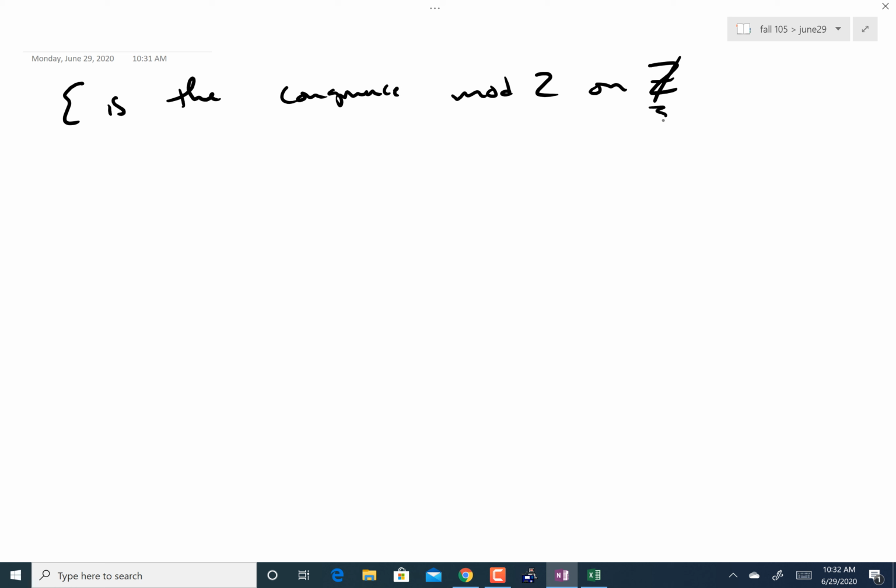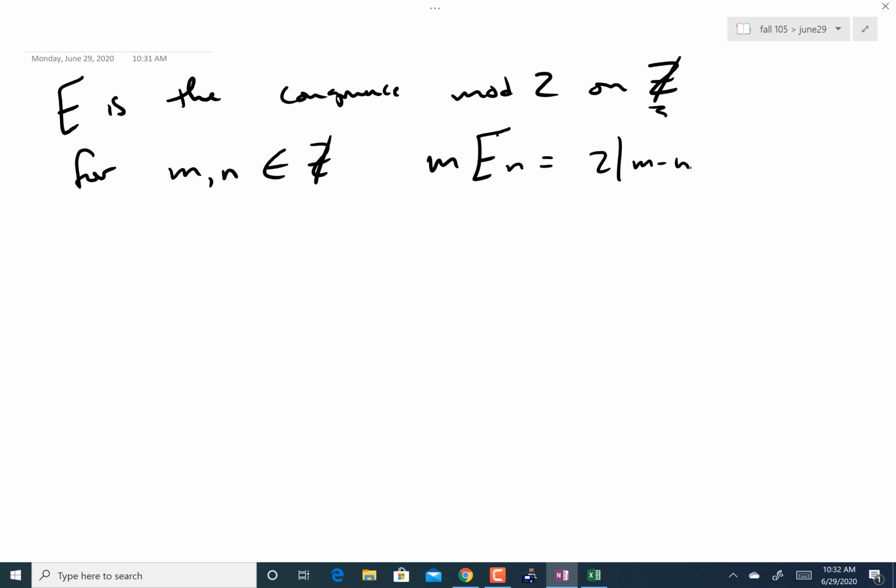So for all m and n that are elements of Z, m E n is equal to 2 divides m minus n. And that means that they are congruent.